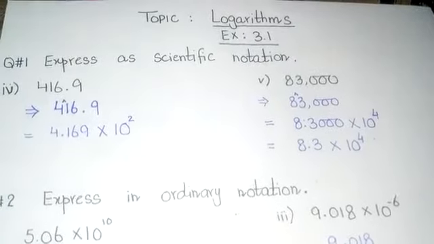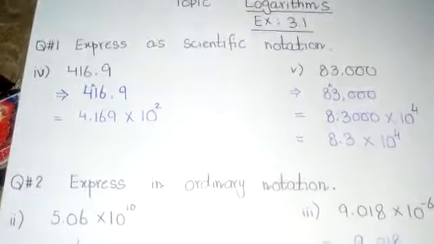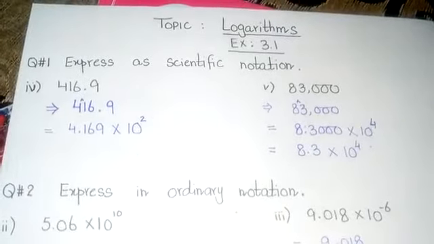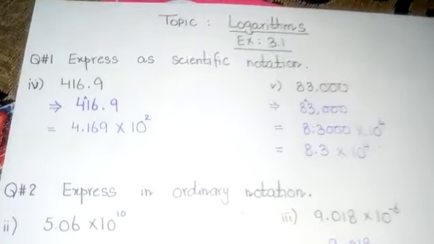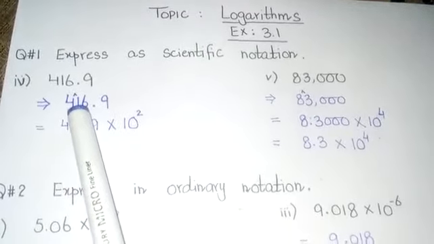In order to write the number in scientific notation, one compulsory thing is that the decimal should be after the first non-zero digit. So here in this question, the first non-zero digit is 4. So we have to move this point to after 4.